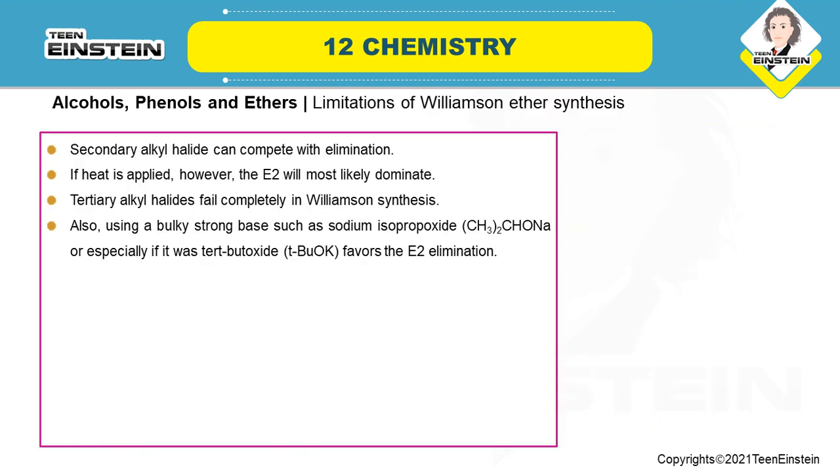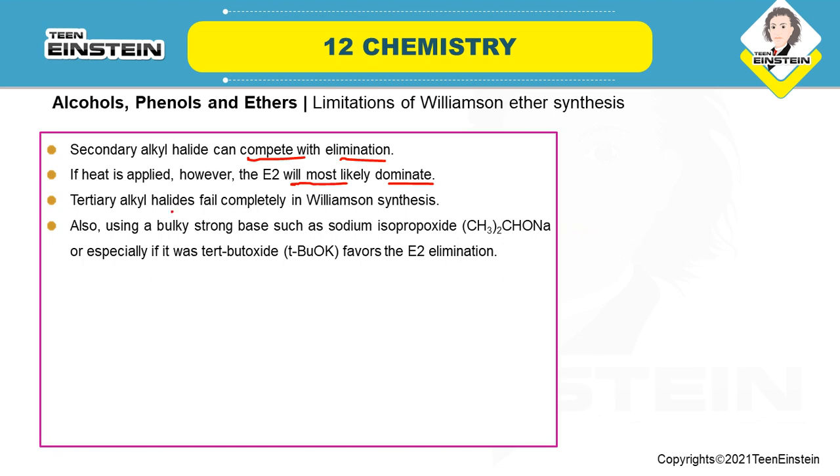Limitations of the Williamson ether synthesis: secondary alkyl halide can compete with elimination. So we cannot take secondary alkyl halide, and if heat is applied, E2 will most likely predominate. When you take secondary and heat is also applied, the chance of elimination increases even more, because the higher the temperature, the higher the chance of elimination.